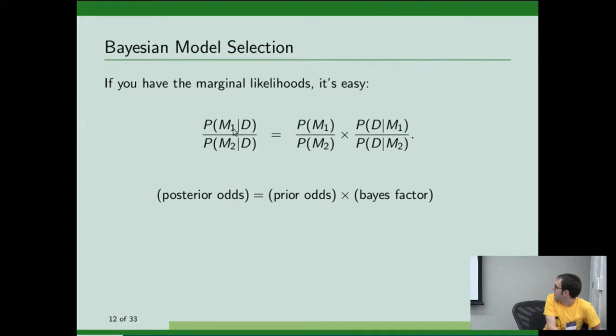And this version of Bayes' rule, which you can get by writing down a Bayes' rule for this and a Bayes' rule for that and dividing the 2 equations. This ratio is just called the posterior odds, and this ratio is just called the prior odds. And this quantifies how likely M1 is compared to M2 not given the data, and then given the data.